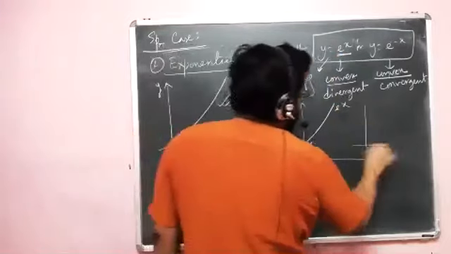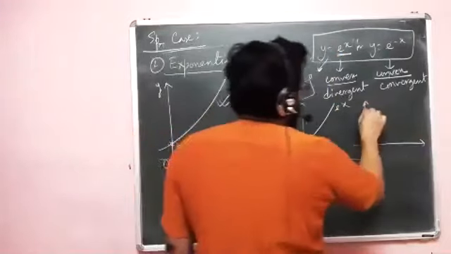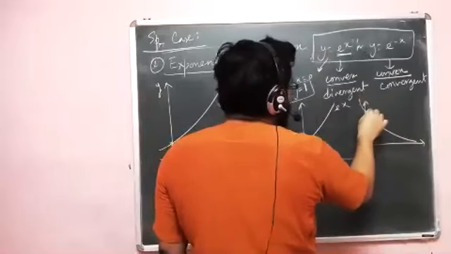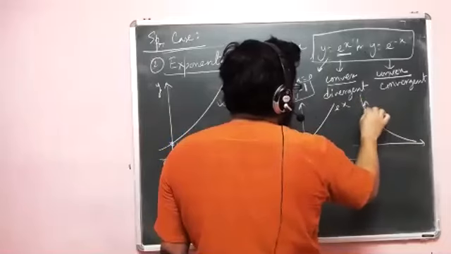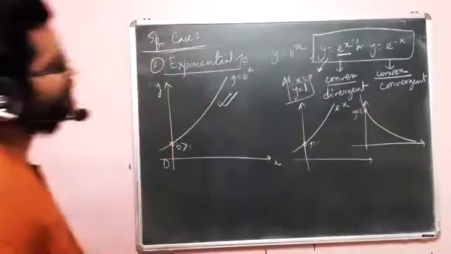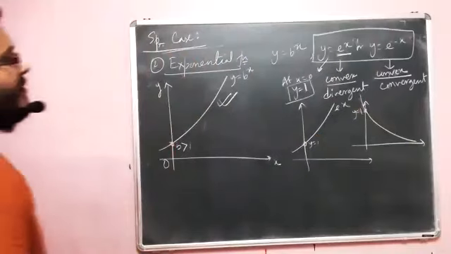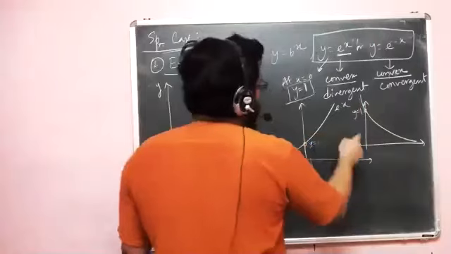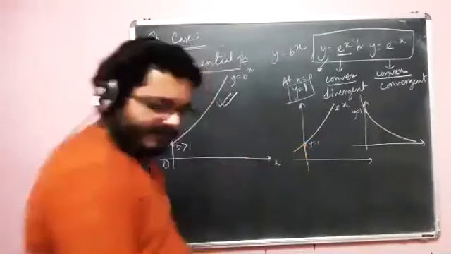And for the other one, it goes like this. So here, this will be 1. So this is divergent, this is convergent.